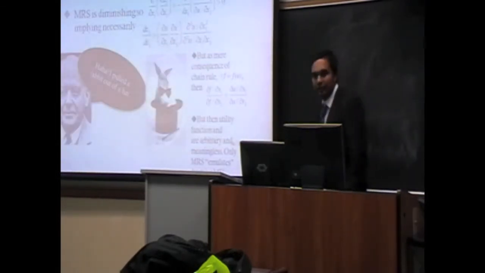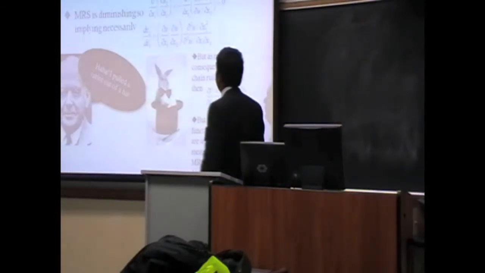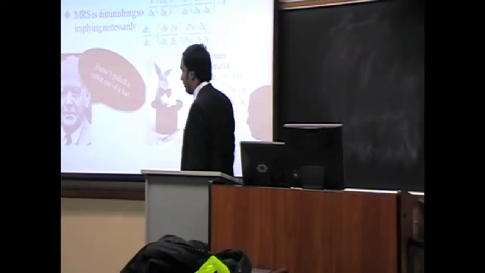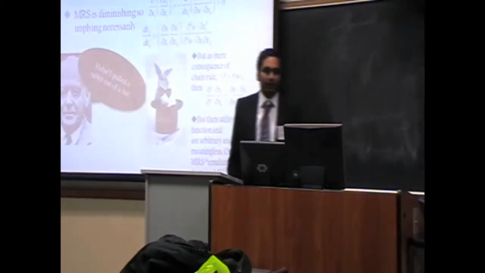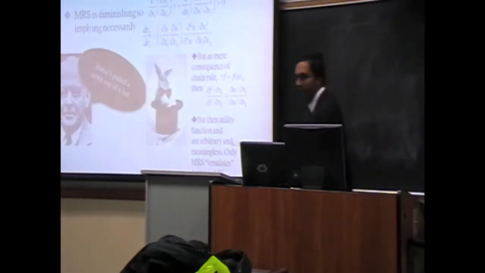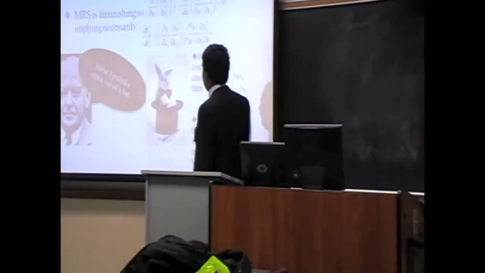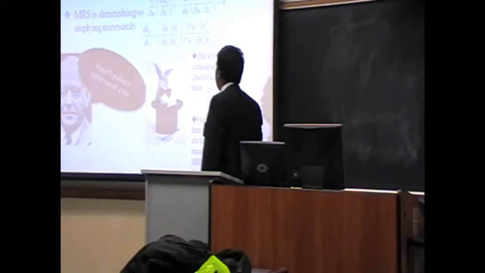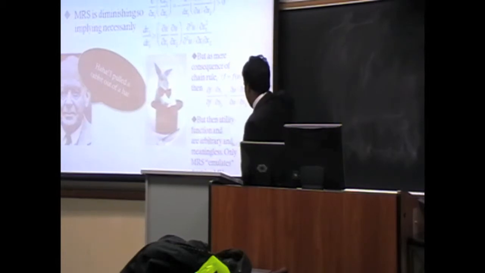Okay, and I called it Hicks's rabbit, because Hicks admits it himself in Value and Capital. There's no real explanation given for why this marginal rate of substitution, the partial derivative of x2 by x1, if you're going to describe it in a two-good model, is decreasing like that.